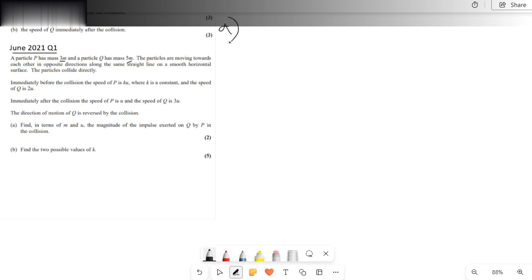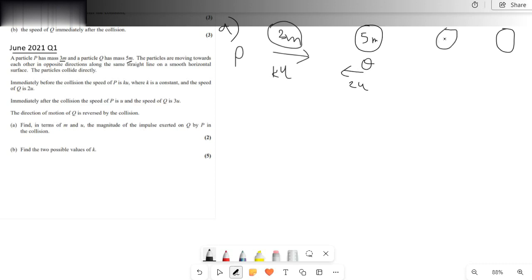So for part A, if we draw the situation again, this is P with mass 3m and velocity ku as given. This is Q with an initial velocity of 2u and mass 5m. After collision, P should have an impulse I here, and Q should have an impulse of equal magnitude but opposite direction.